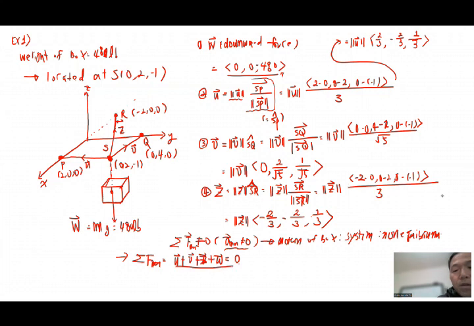So there's no finite amount of force left on the system. So that is the condition for equilibrium. That means the box stays at rest, stationary.